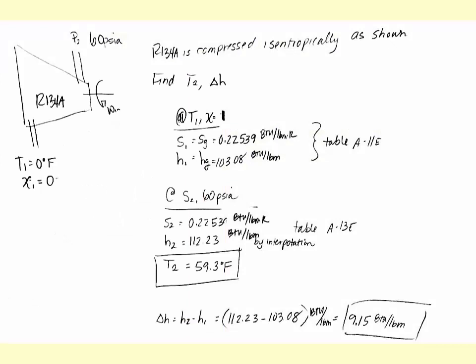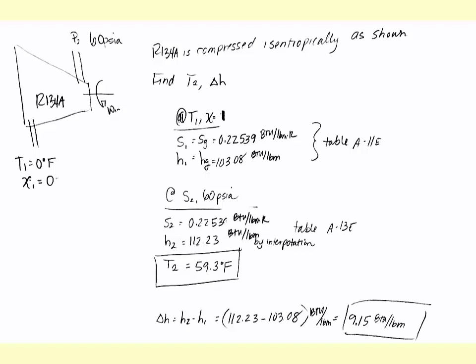Okay, what is our entropy? 0.22542. And what are the units on entropy? Oh yeah, why did I put kilojoules per kilogram? BTUs per pound mass, and this is BTUs per pound mass Rankine.